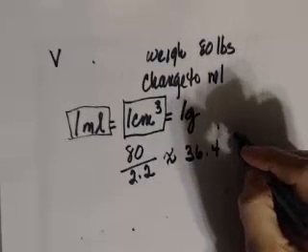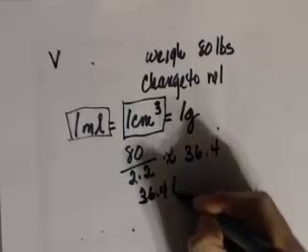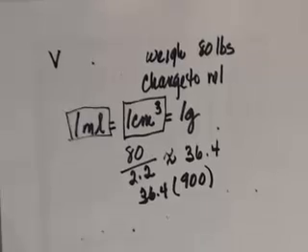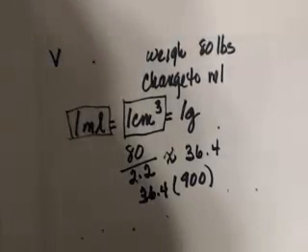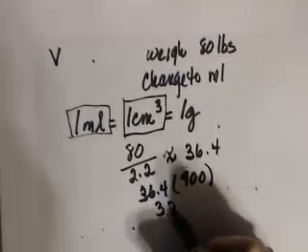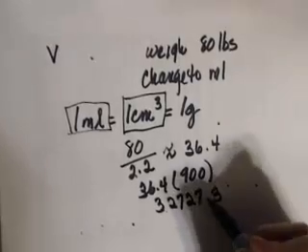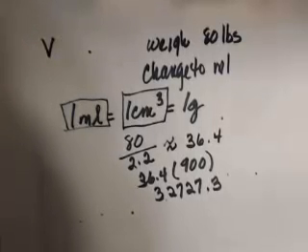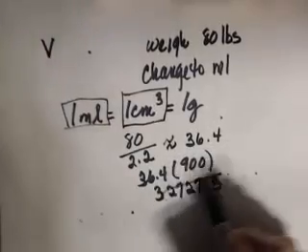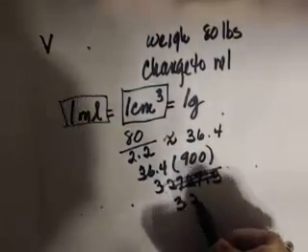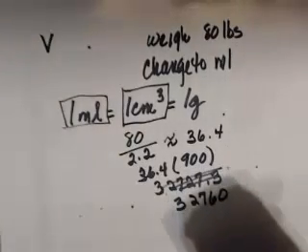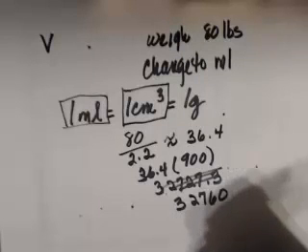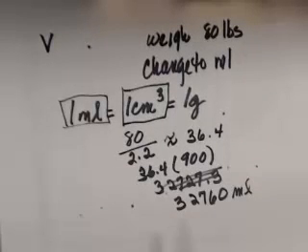Then I'm going to multiply that by 900. So that's how many milliliters the person is.